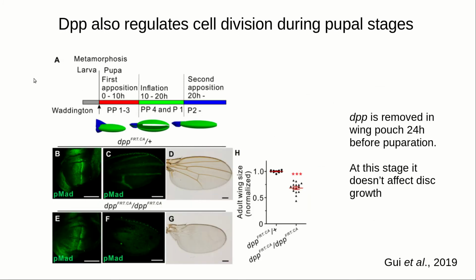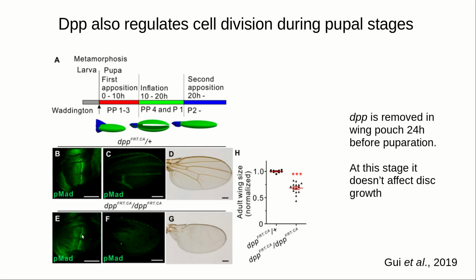Finally, DPP is also required for growth and cell division in the last pupal stages. In this work, the authors repress DPP expression 24 hours before pupae, and here they show that DPP signaling in the wing disc is normal as assessed by pMad staining in the wing disc prior to downregulation of DPP.